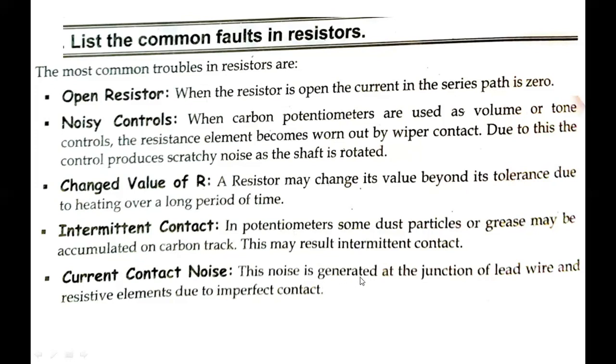The noise is generated at a junction of lead wire and resistive elements due to imperfect contact. So common faults are open resistor, noisy controls, change value of R, intermittent contact, current contact noise.